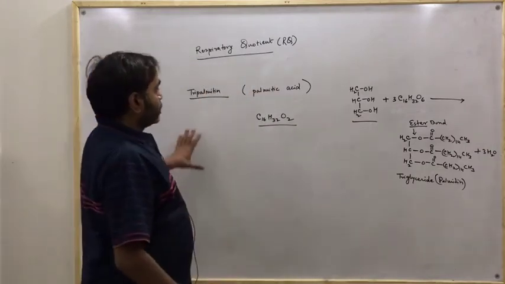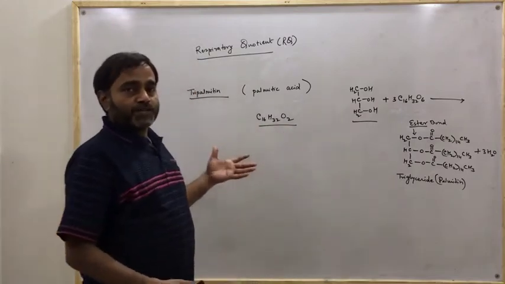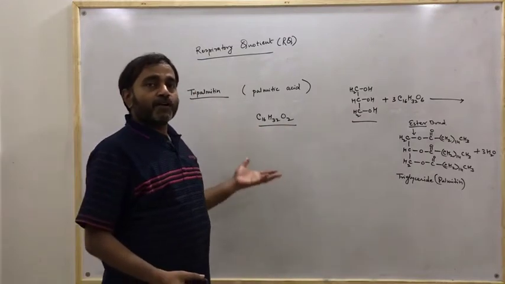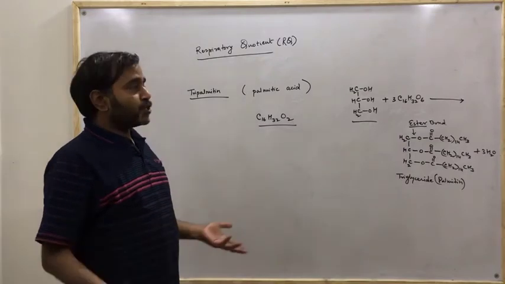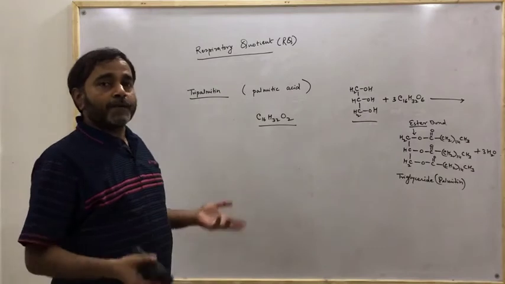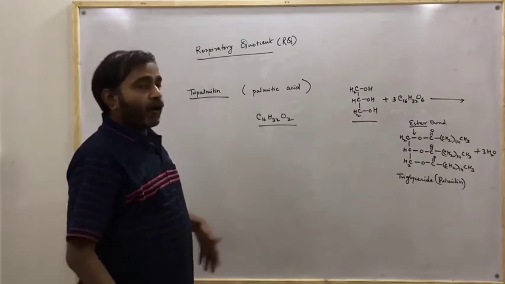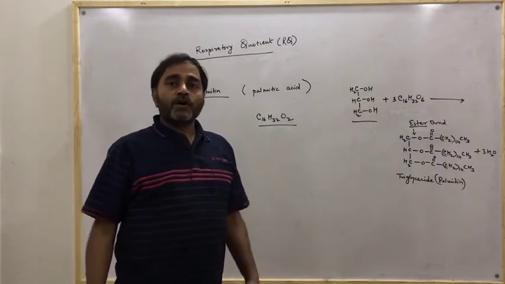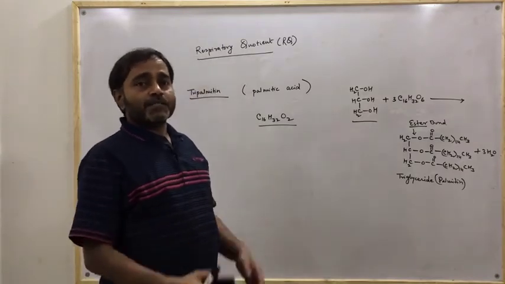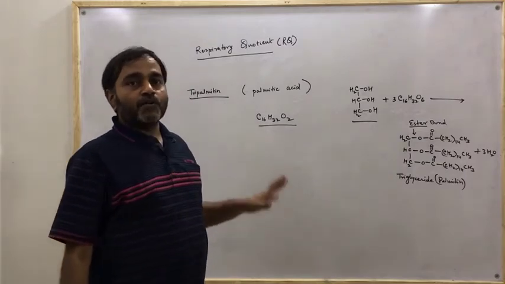fatty acid. So this is the reaction, but we need to calculate the respiratory coefficient, and I told you the respiratory coefficient is the ratio of whatever carbon dioxide is evolved or liberated out from the process within the body and how much oxygen is consumed for the oxidation of that particular substrate, that is carbohydrate, protein or fat.